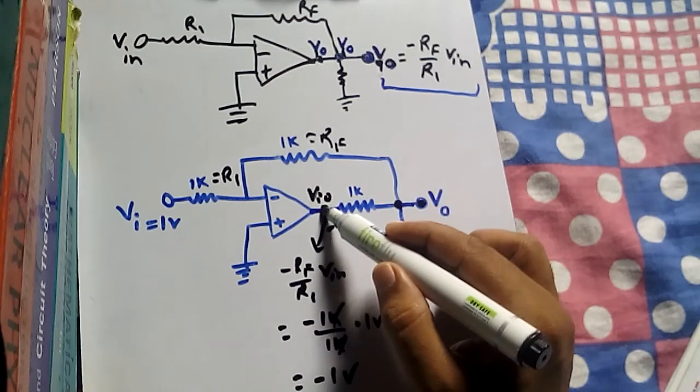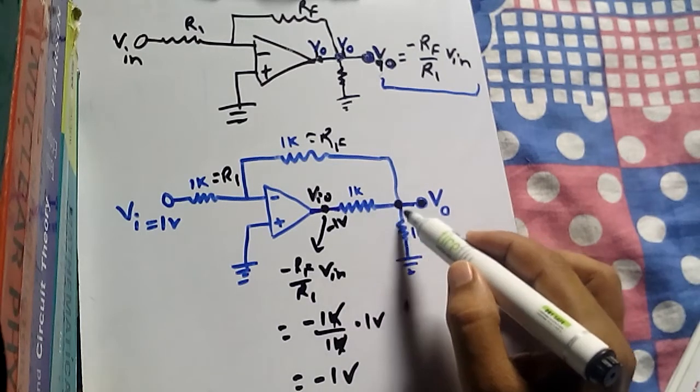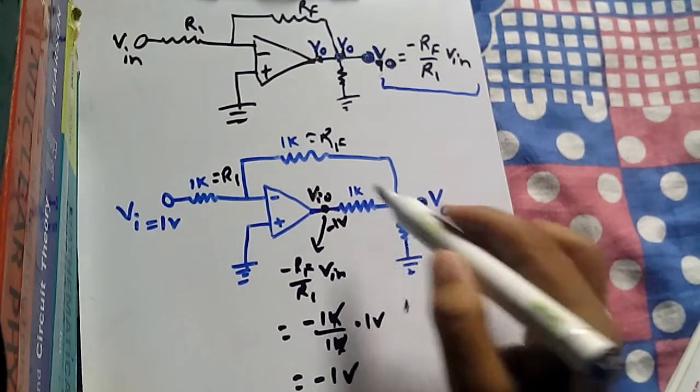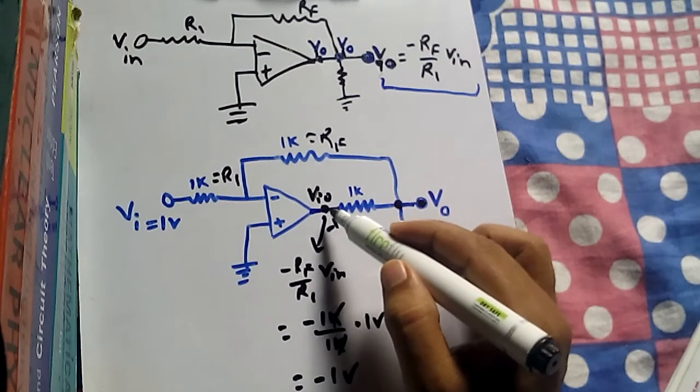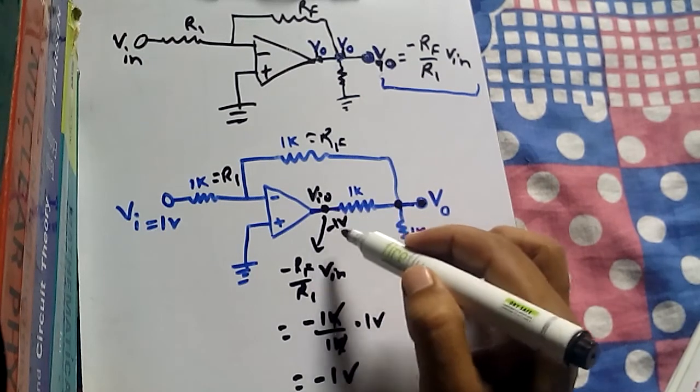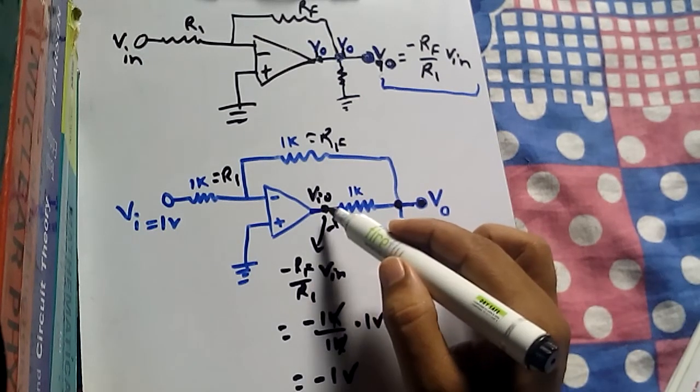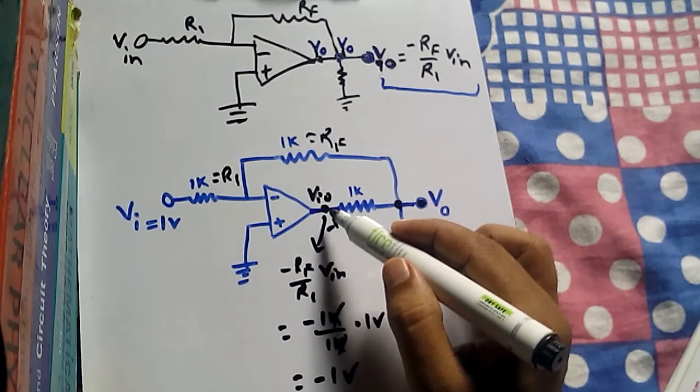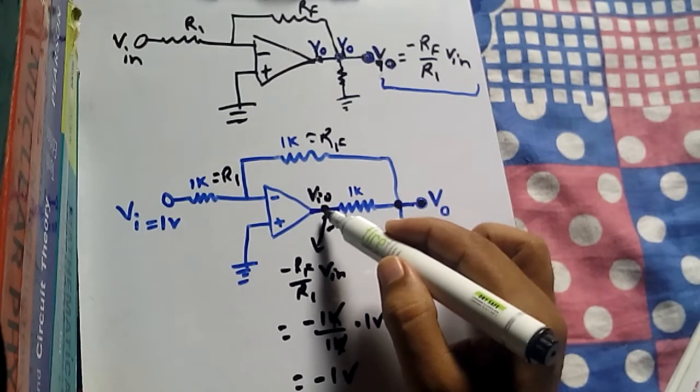Now this ideal output is exposed to a voltage divider circuit. Here you can see that this voltage is minus 1 volt, the magnitude is 1 volt, but minus just shows the polarity, that it is a negative voltage. Voltage is always positive, but the sign shows the polarity.